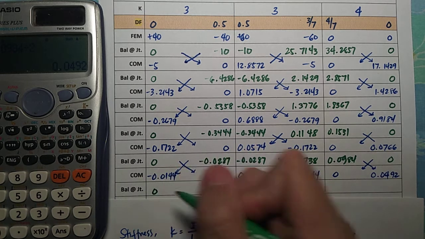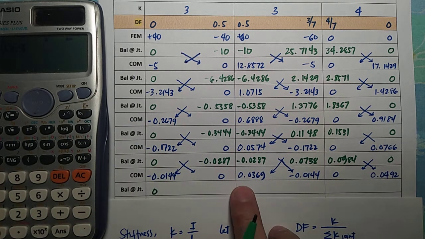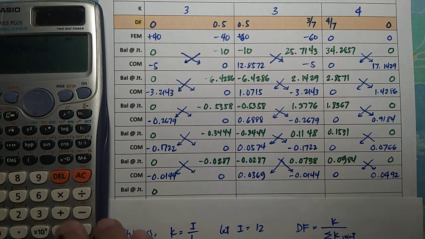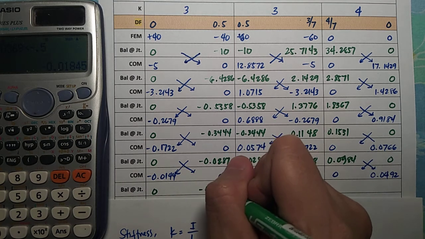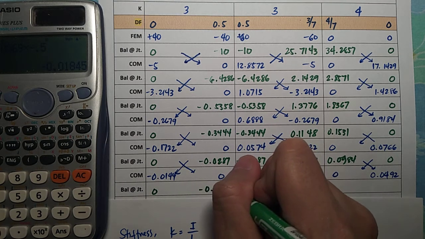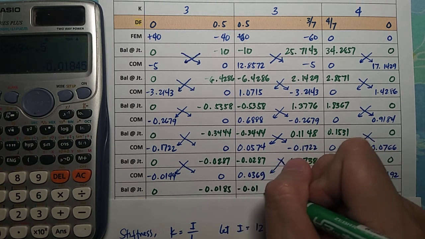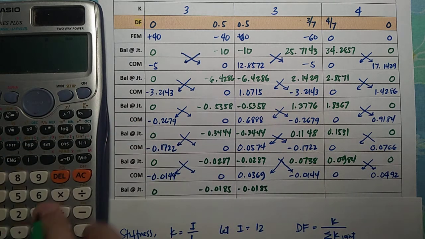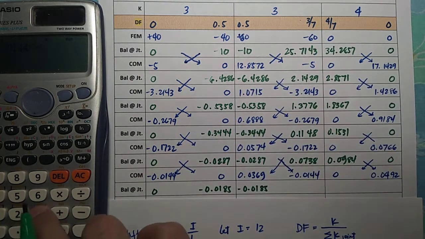Okay, so again, 0 dito. Ito, 0.0369 unbalanced moment times the negative of DF times negative of 0.5. So, we got 0.0185. Okay, so same here, 0.0185. Okay, how about here? So, minus negative 0.0144 times the negative of 3 over 7.